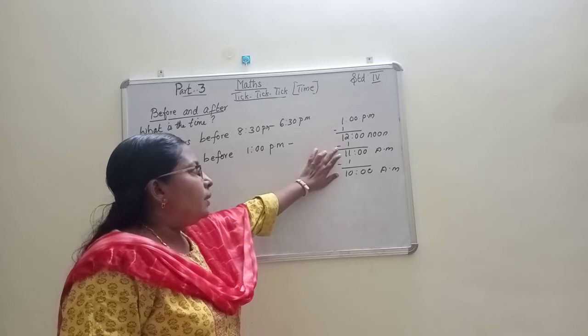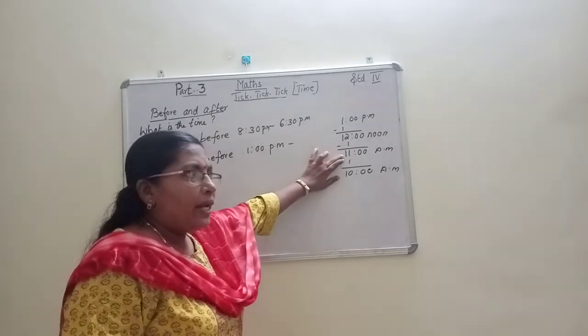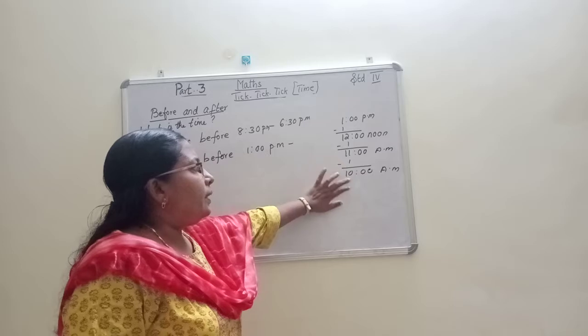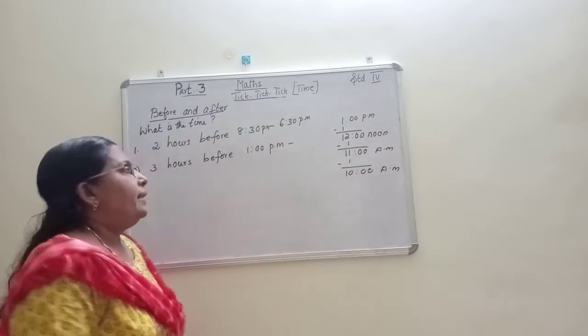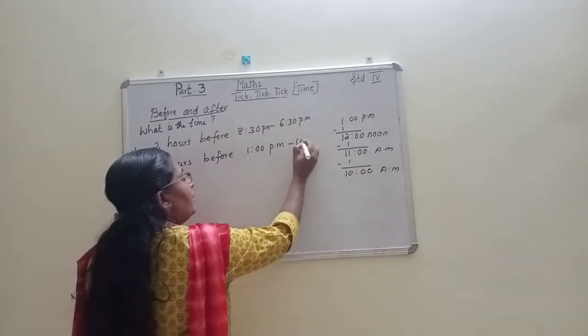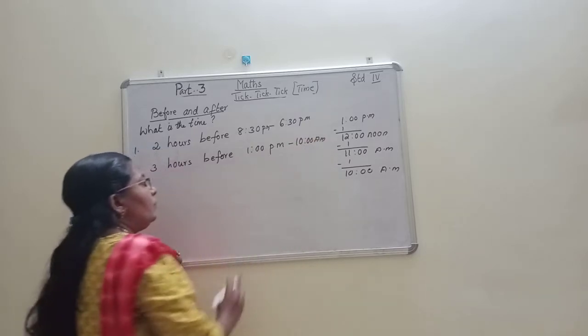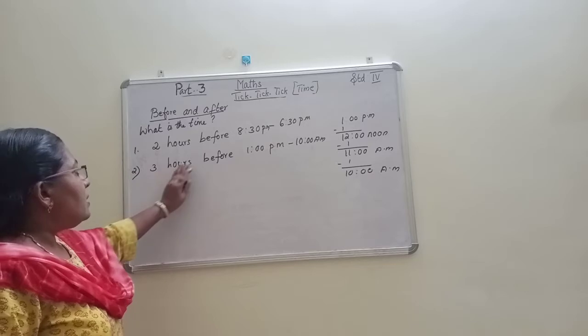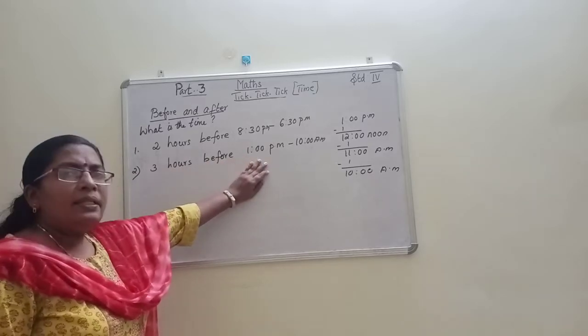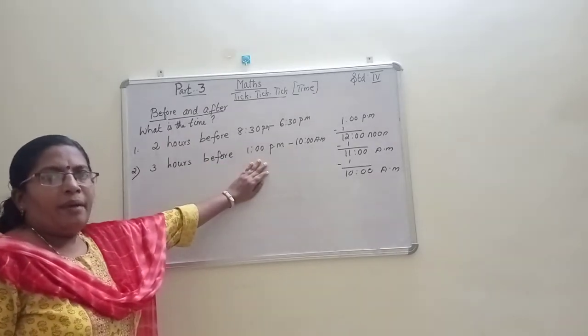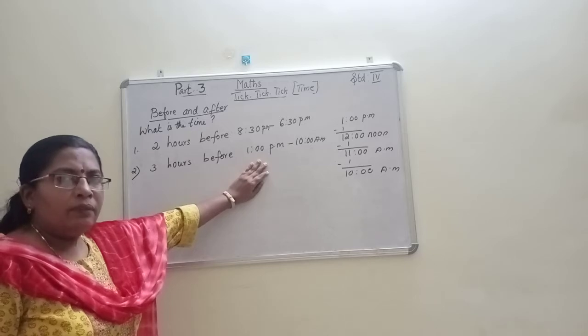Then minus 1 shows 11 AM. Then minus 1 shows 10 AM. Now the time is 10 AM. So 3 hours before 1 PM is 10 AM. Understand this one?